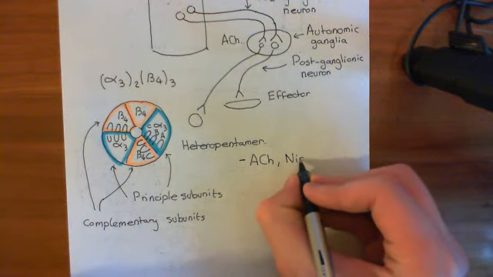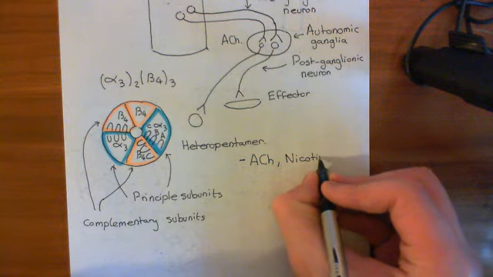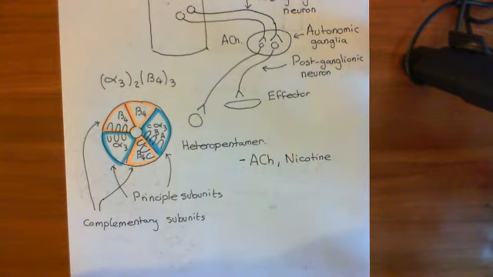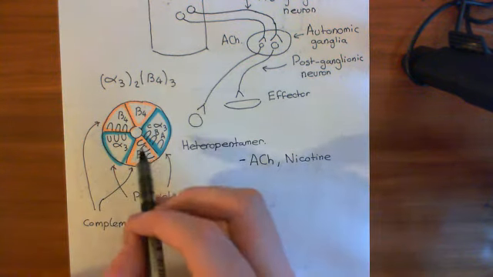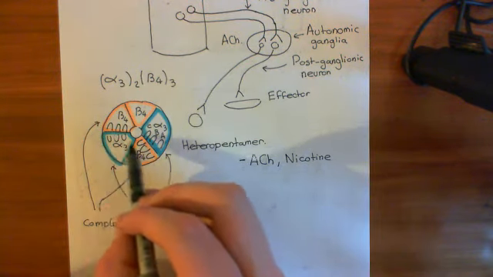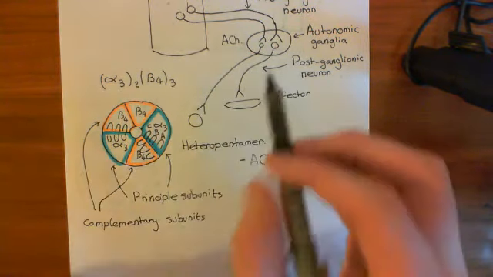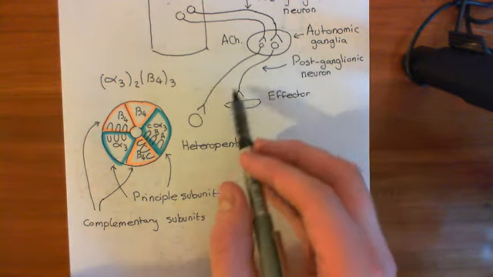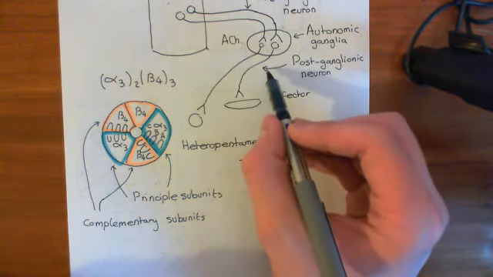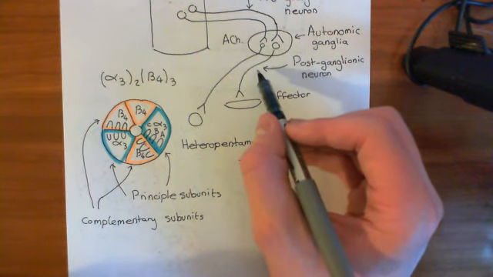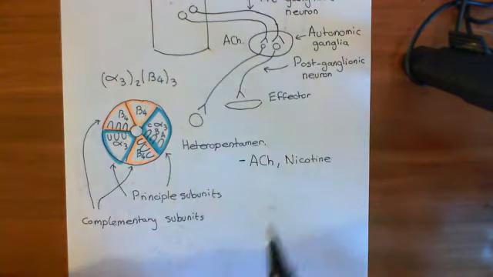So nicotine is an agonist for this alpha-3-2 beta-4-3 heteropentameric nicotinic acetylcholine receptor. Two nicotine molecules will come and bind here, one here and one here, and they will activate this receptor. That's going to cause increased activity in these postganglionic neurons, whether they are sympathetic or parasympathetic neurons. And that's quite odd, because you're going to get both an increase in activity of the parasympathetic nervous system and an increase in the activity of the sympathetic nervous system.